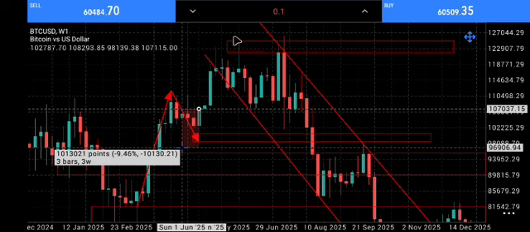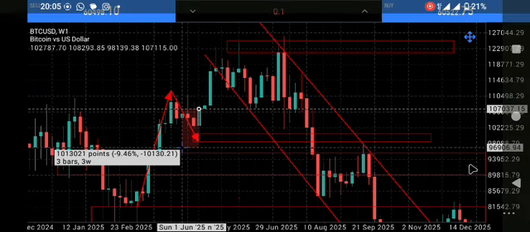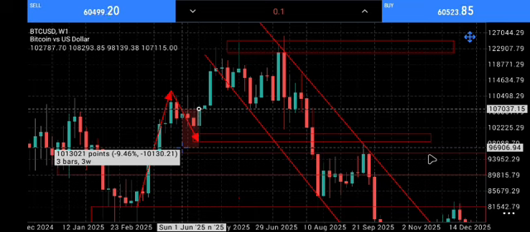So if you bought at 107,037.15, then you could have set your stop loss to be at 96,906.94. That is the area you could have exited that market.